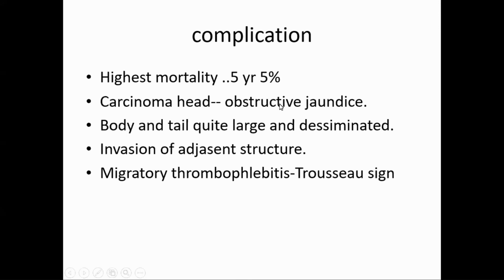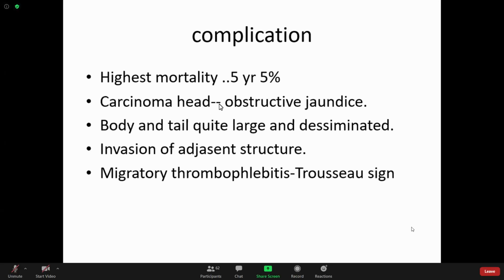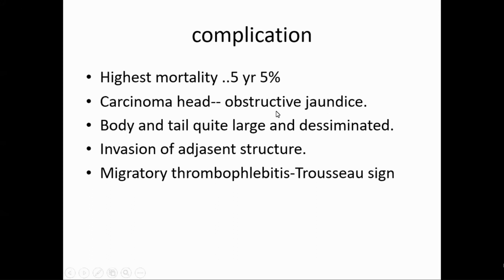You know, obstructive jaundice is caused by stone or some tumor in the bile duct or in the cystic duct, but it causes pain and inflammation leading to cholecystitis. Now, in this, the carcinoma of the head means blockage is at the common bile duct, and there is an obstructive jaundice because of that block.